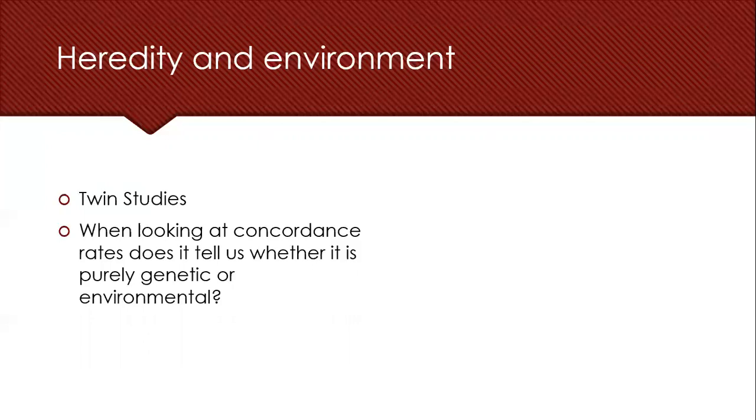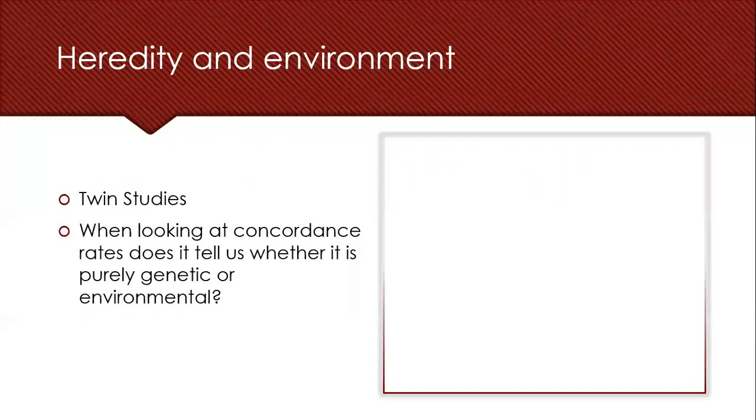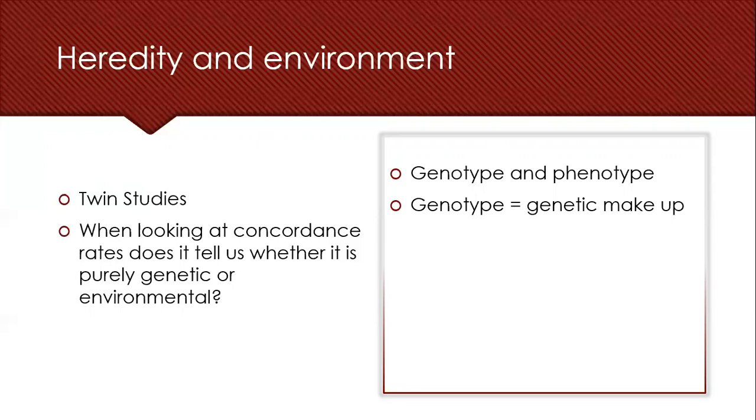So here we're looking at the role that it has to take in both. Another example is genotype and phenotype. We looked at genotype and phenotype when we looked at the biological approach, and we know our genotype is our genetic makeup. It's part of our DNA. We're born with it.